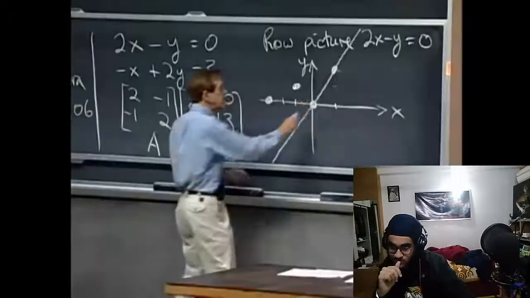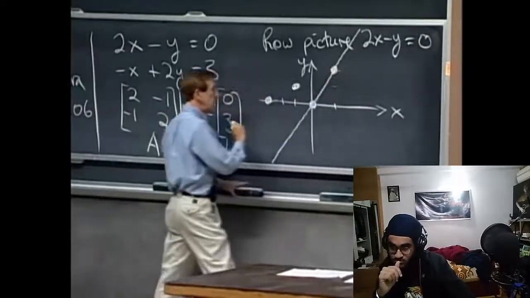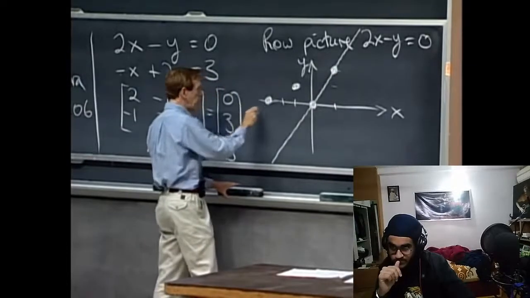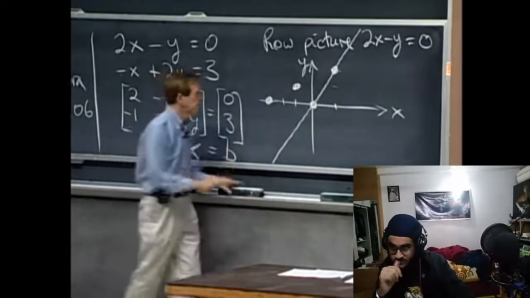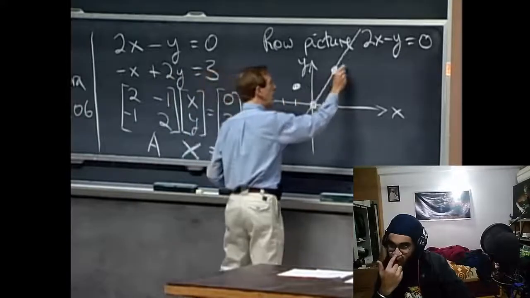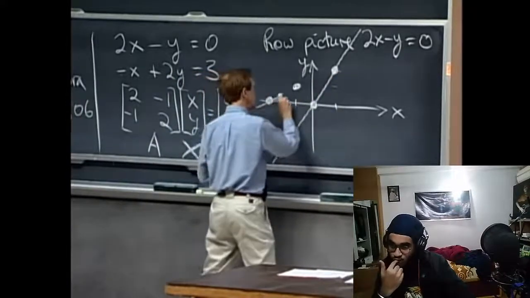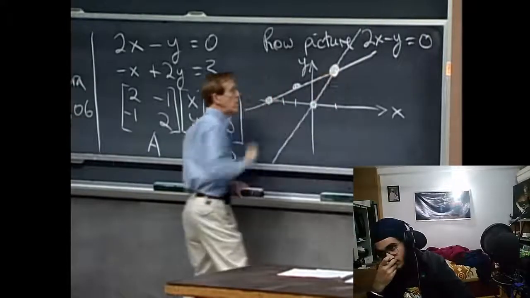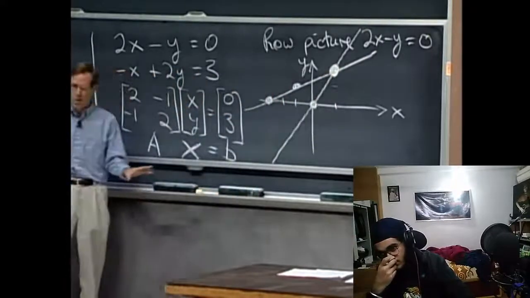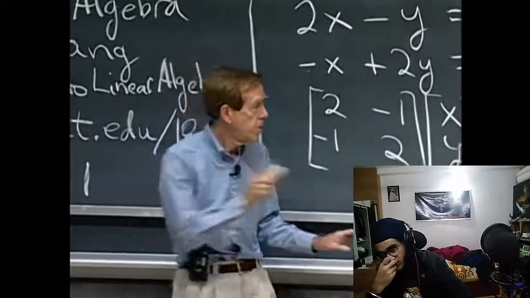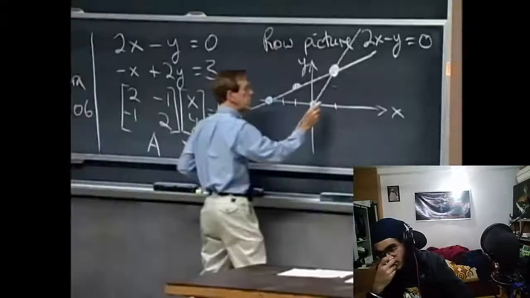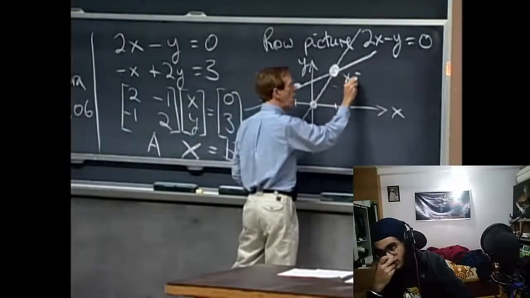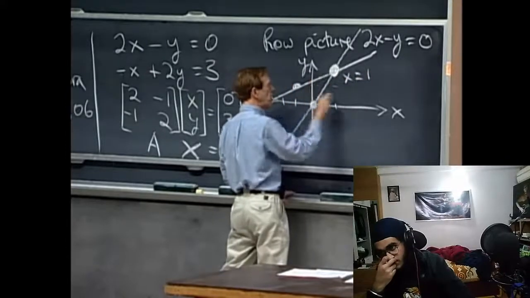And if I've done this reasonably well, I think it was arranged to go through that point. So I think the second line is this one, and this is the all-important point that lies on both lines. Shall we just check that point, x equal 1 and y equal 2?